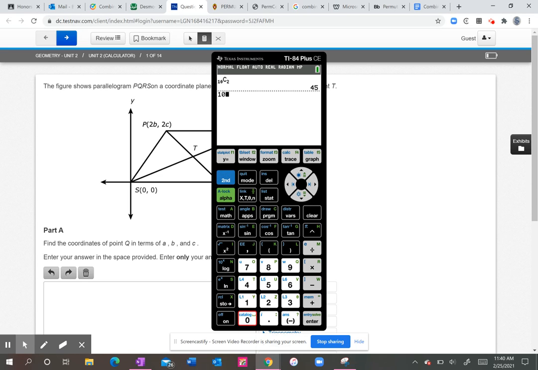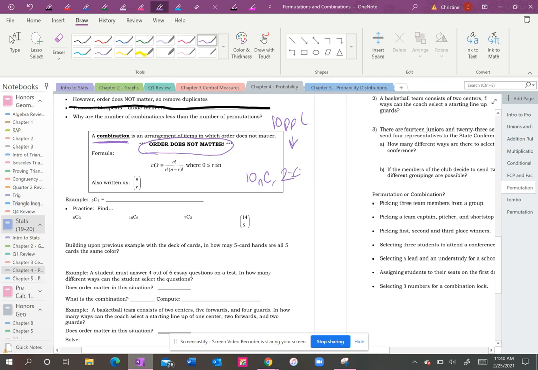Let's say you were doing 10 nPr. When you do nPr, you will always get a higher number because there's specific roles that you're assigning. We're not caring about assigning things, so it's just going to be 45. You're going to do nCr. So whenever you have nCr, your numbers are going to be significantly lower than if you were assigning roles. So this would be 45.